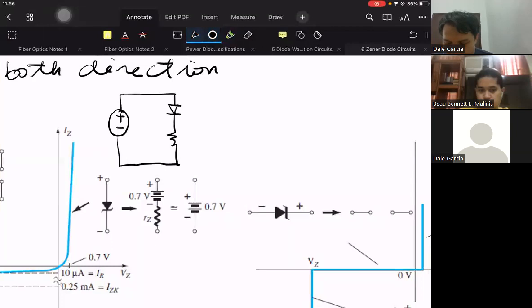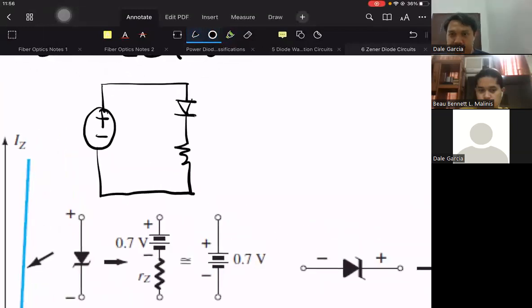If you connect our Zener diode in this manner, the same as a regular rectifier diode, because of this symbol, it will act normally, like a normal junction diode or normal rectifier diode.